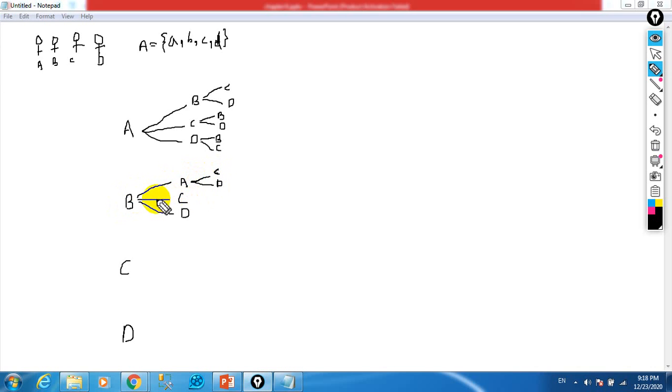For example here B with C, or A or D combination next. So I will write A and D combination. And in the last B and D, so we don't have the combination of A and C. So I will write this. Next, what combination for C? So sorry.